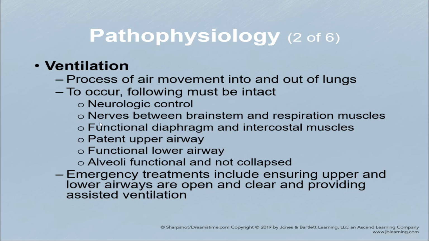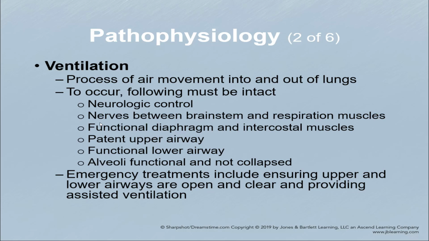I'm going to go back to chapter 15. Remember, the easiest way to look at your alveoli is that they're your actual functional units of respiration. Specific pathophysiologies associated with ventilation include upper and lower airway obstructions, chest wall impairment, whether from trauma or medical causes, lung tissue diseases, and trauma or medical processes affecting neurological control.